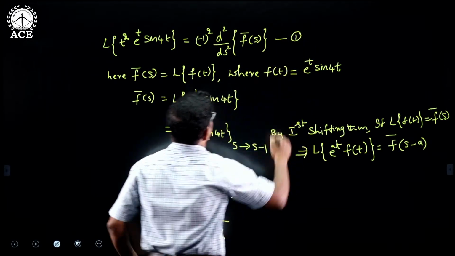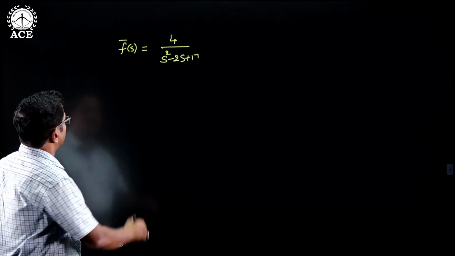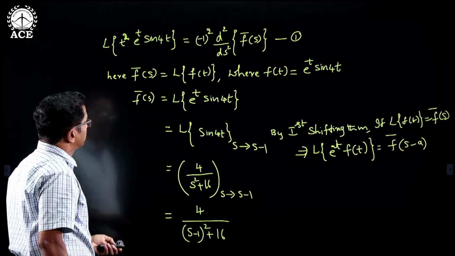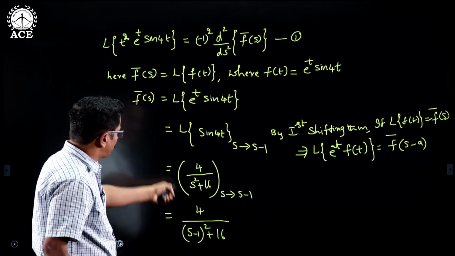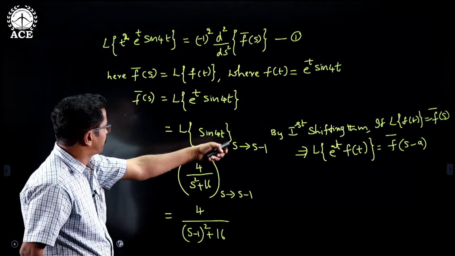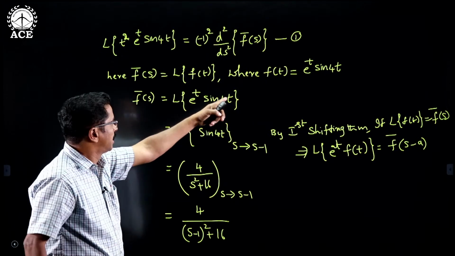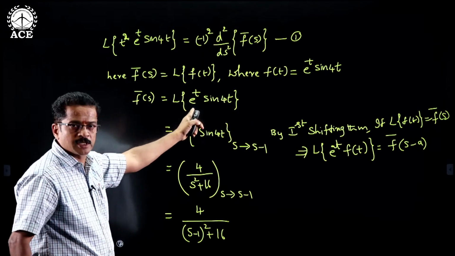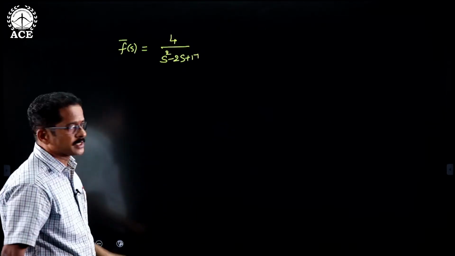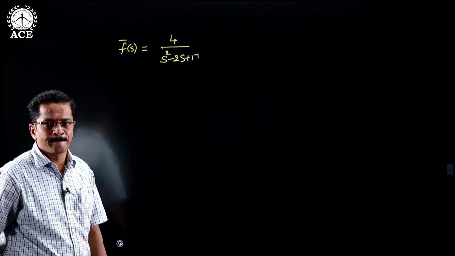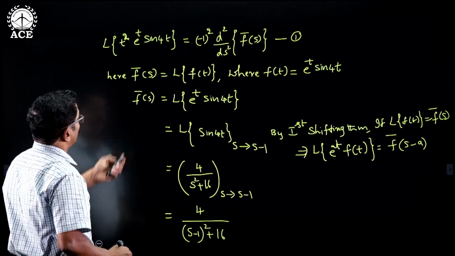F bar of s means I evaluated it using the first shifting theorem, where the function I took as e power t sin 4t, which is a combination with an exponential function. So I applied the first shifting theorem and got 4 by s square minus 2s plus 17. Right. So now put in 1.